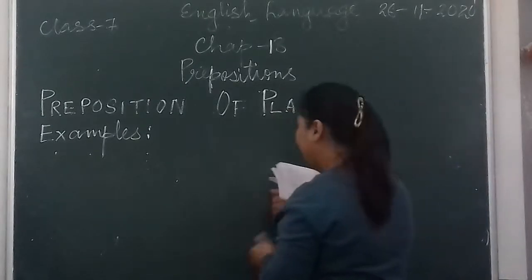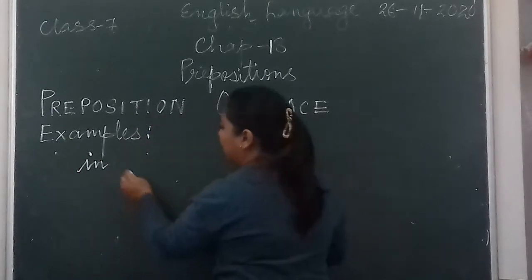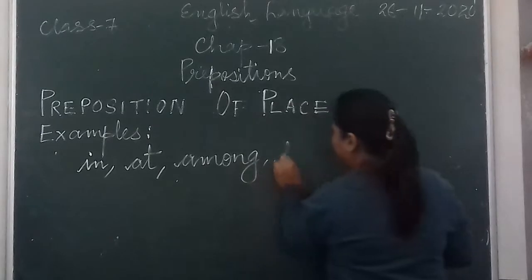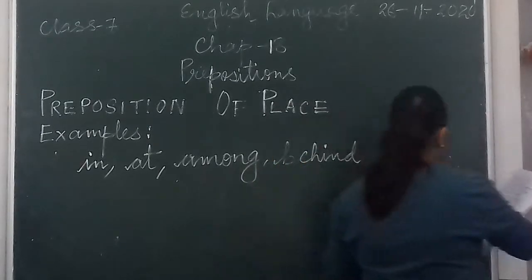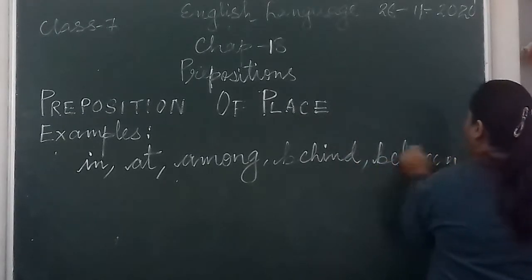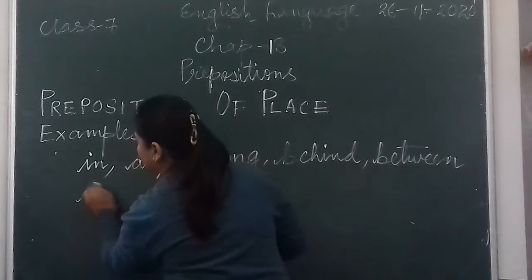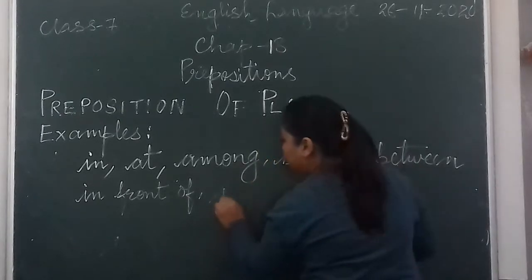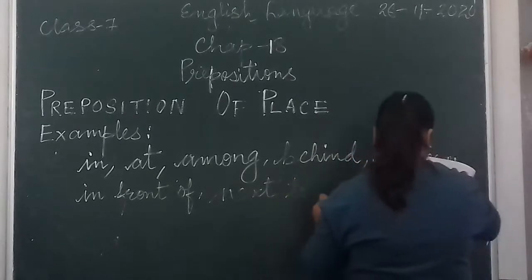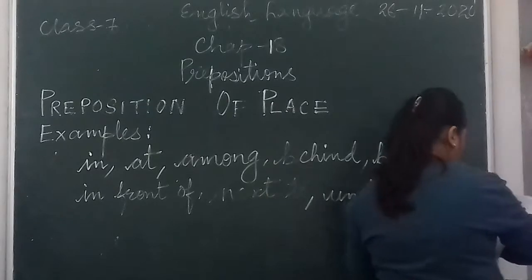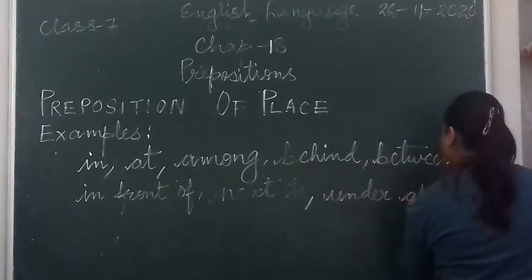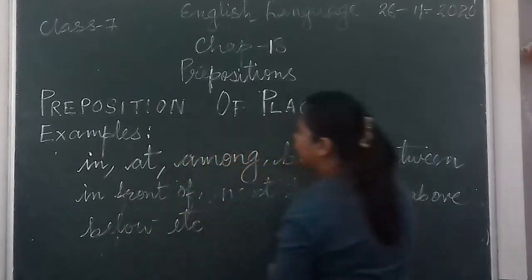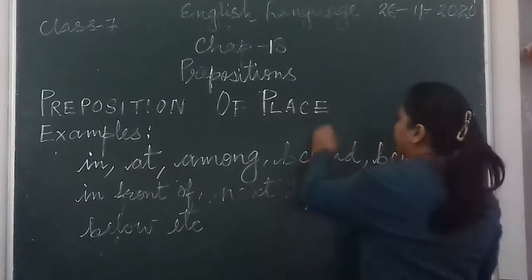So examples are in, at, among, behind, between, in front of, which is a prepositional phrase you can call it, next to, under, above, below, etc. These are the examples of preposition of place. It talks about the place.